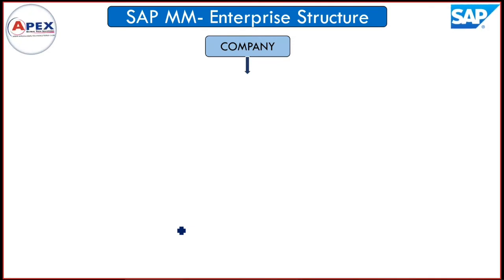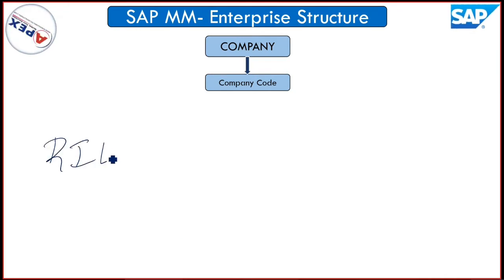So here we have company and company code. You have to understand this. It is simple. Suppose we have Reliance Industries Limited. This is the company, a group.